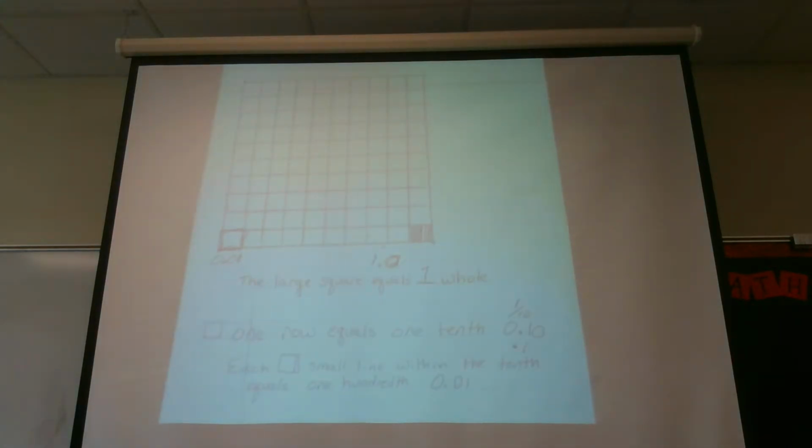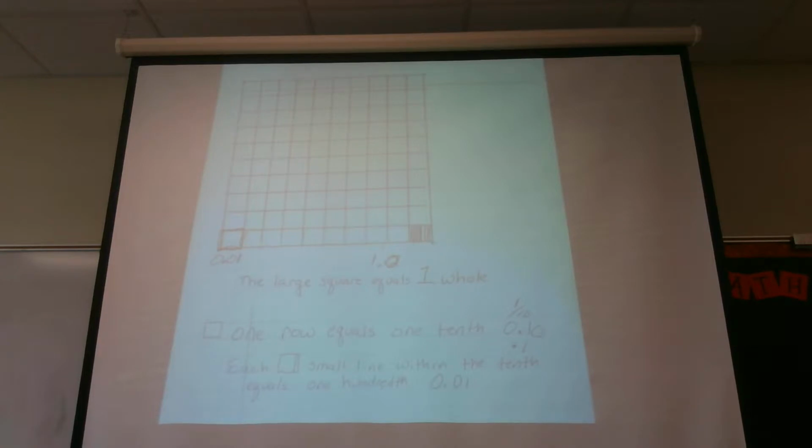You have learned previously that the 100th is 2 places behind the decimal point. So this is the 10ths place, and this is the 100ths place. Let me ask you a question. Which is bigger?